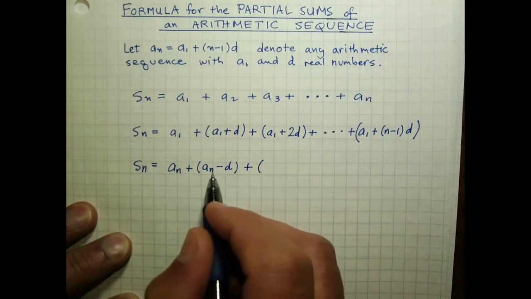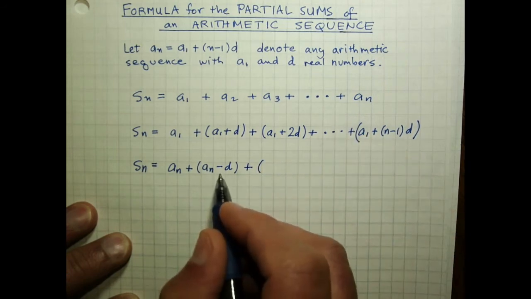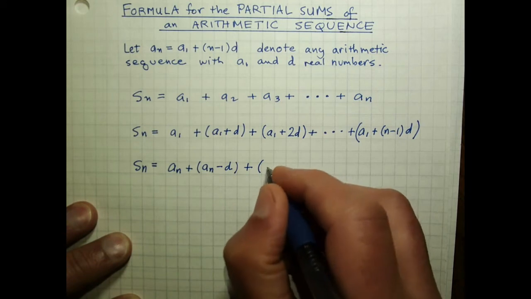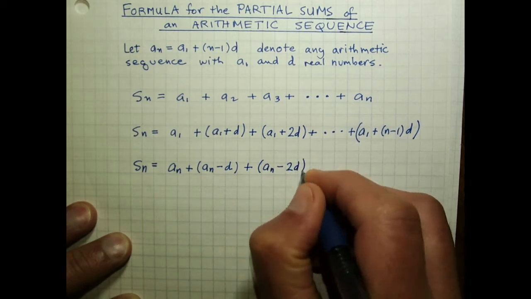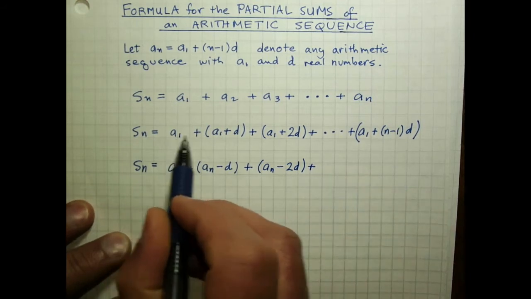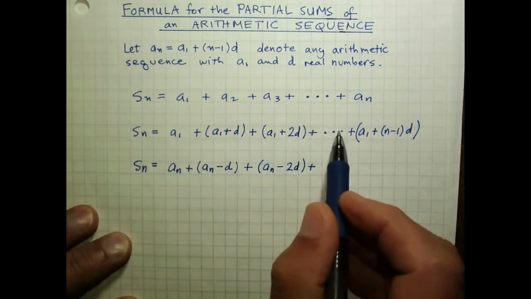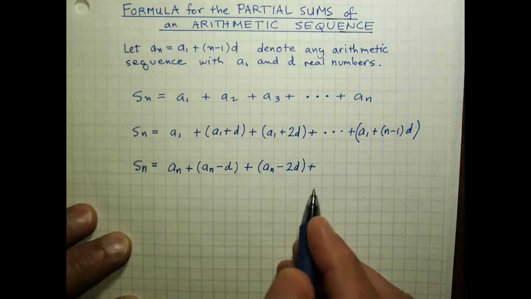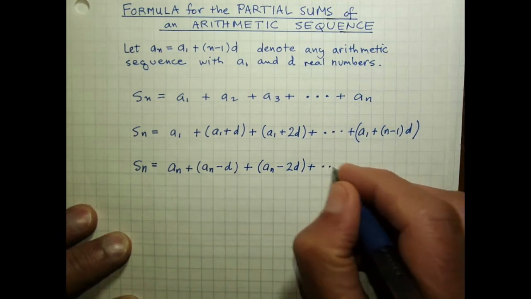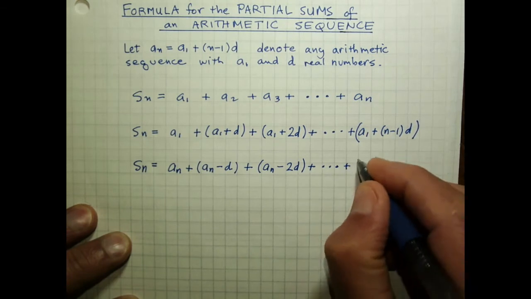And if I go backwards again from that one, I would subtract another copy of d. I get an minus 2d. So while going forward through the terms, I keep adding a copy of d. When I go backwards through the terms, I keep subtracting a copy of d. And I go all the way down the line.